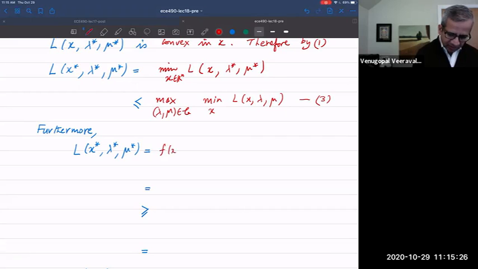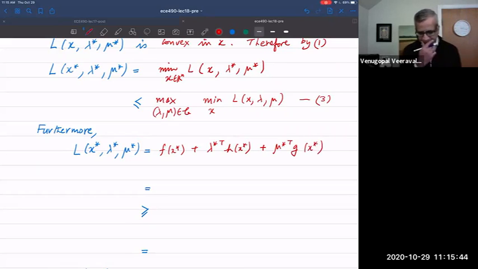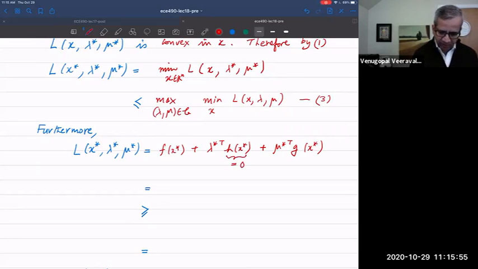Let's write down what it is: f of x star plus lambda star transpose h of x star plus mu star transpose g of x star. Okay, but let's look at h of x star. This is equal to 0 because x star satisfies the constraints.